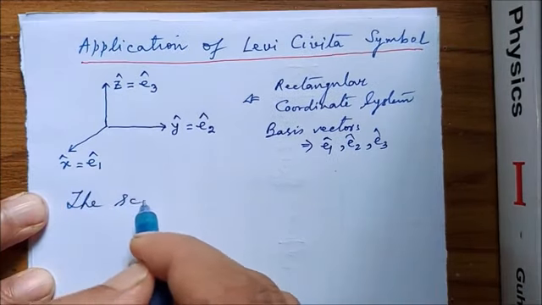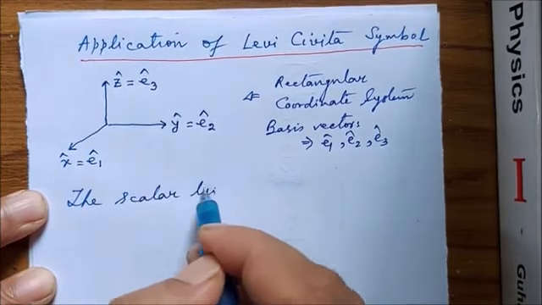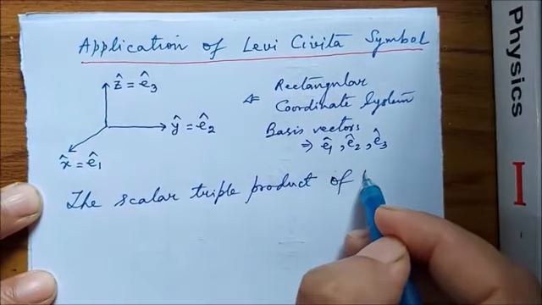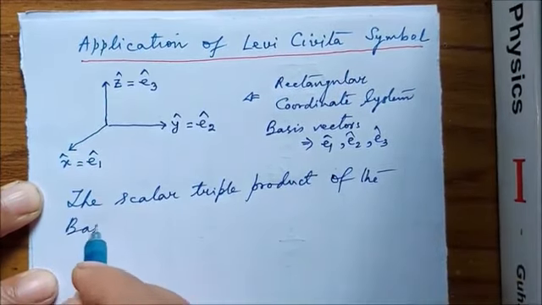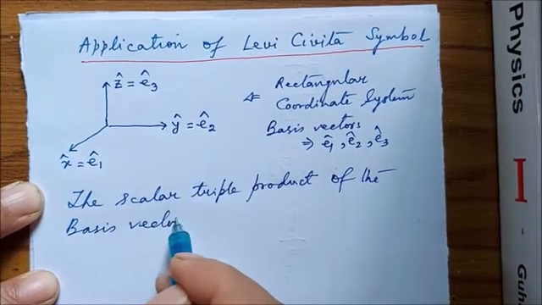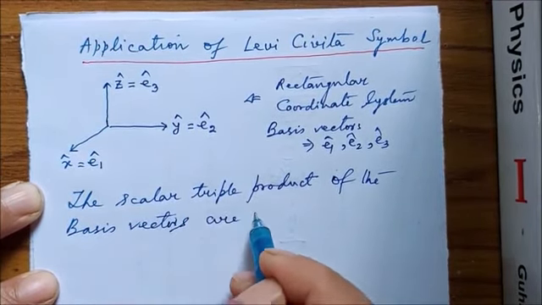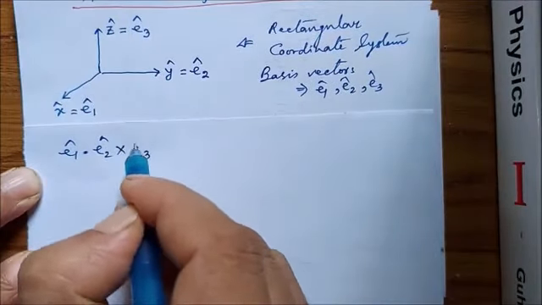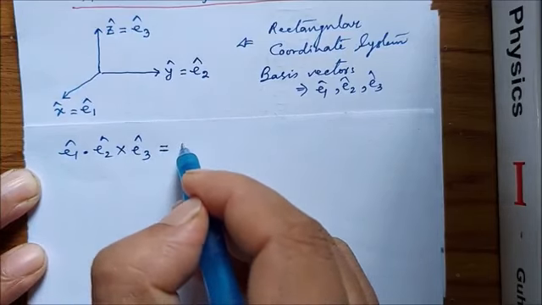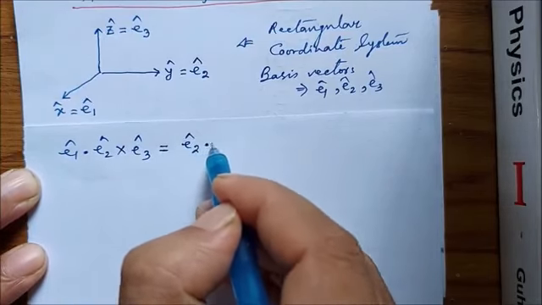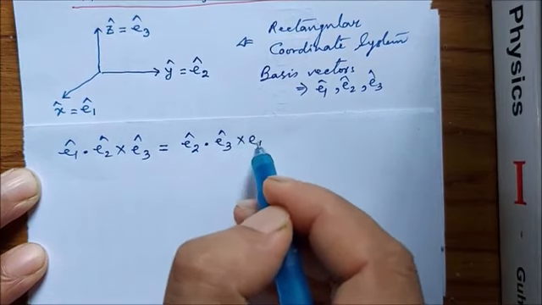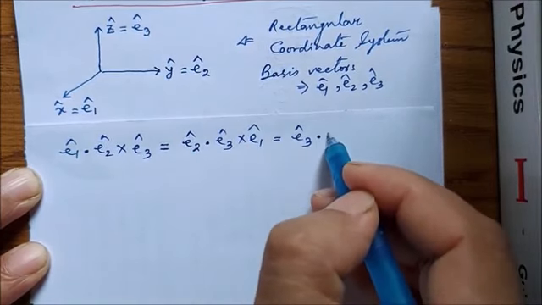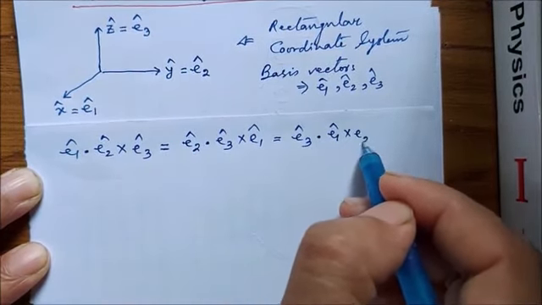So the scalar triple product of the basis vectors are e1 cap dot e2 cap cross e3 cap. We can also write it as, and we can write e3 cap first and present it in this manner also.